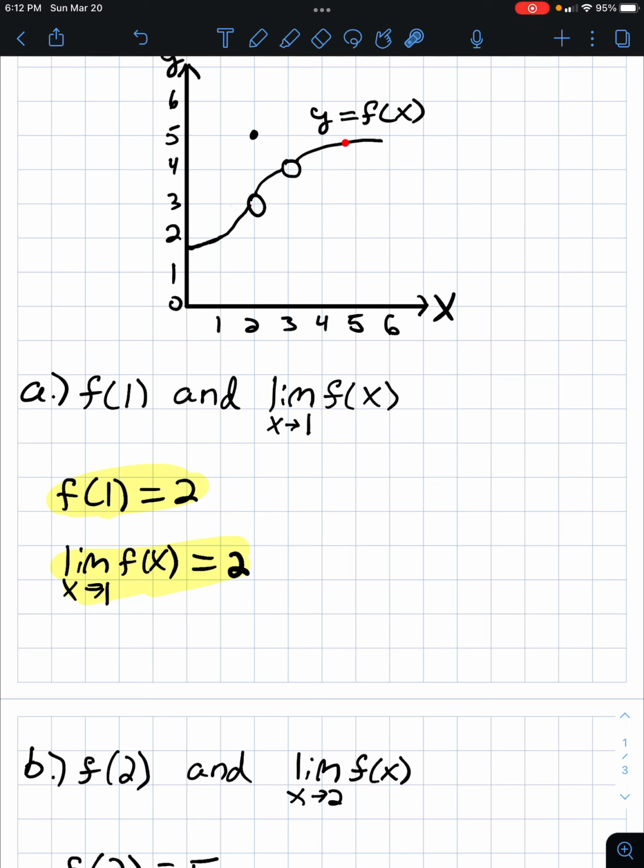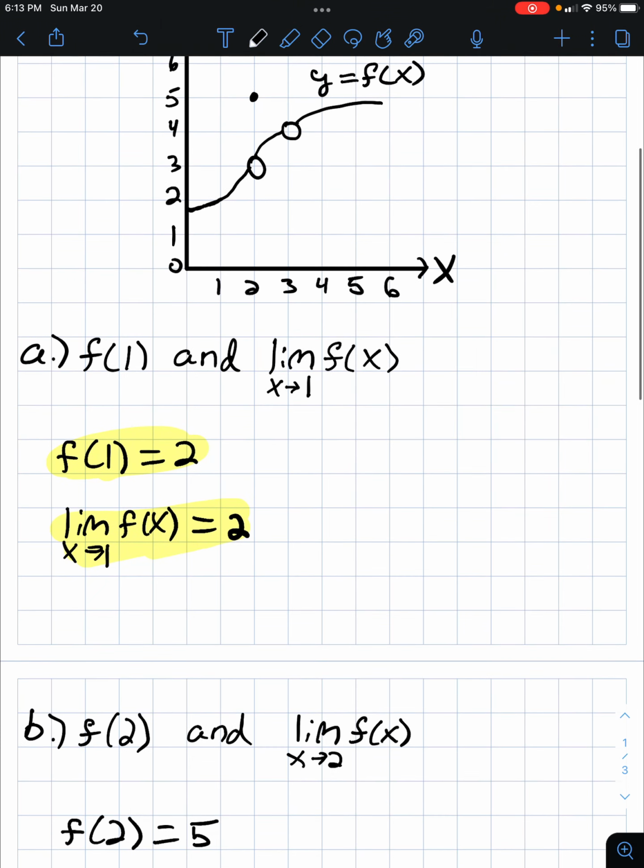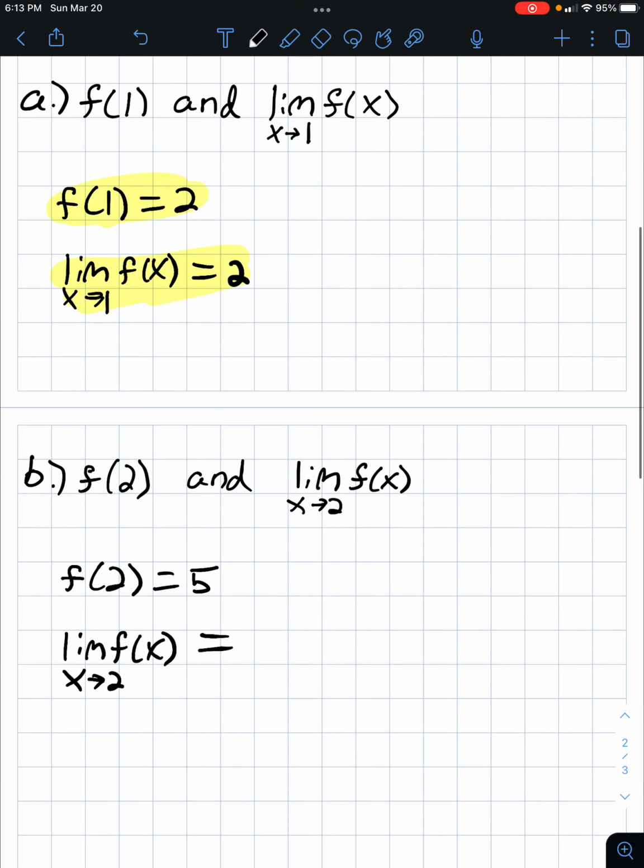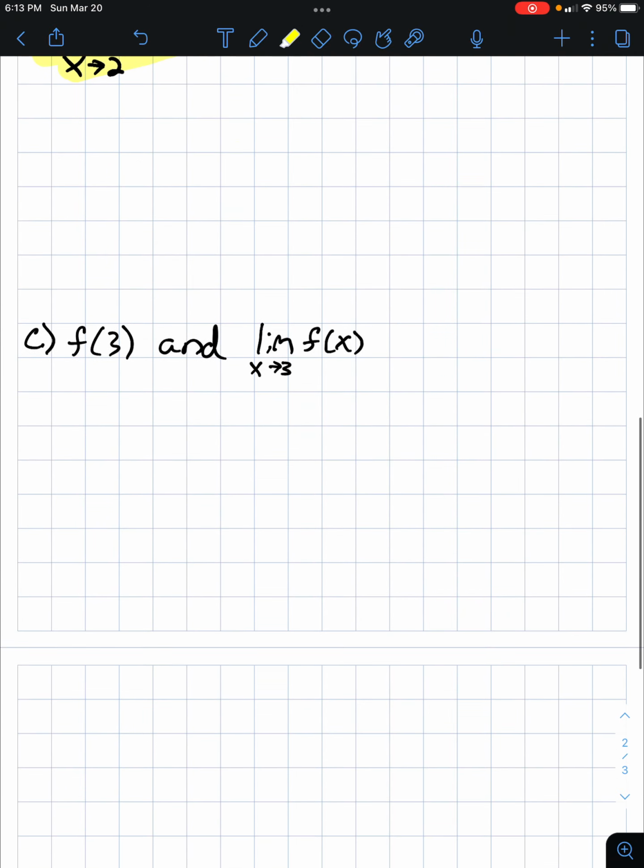Now, as we approach x equals 2 from the right-hand side, it also approaches 3. Therefore, the limit of f of x as x approaches 2 is equal to 3. And that is the solution for part B.